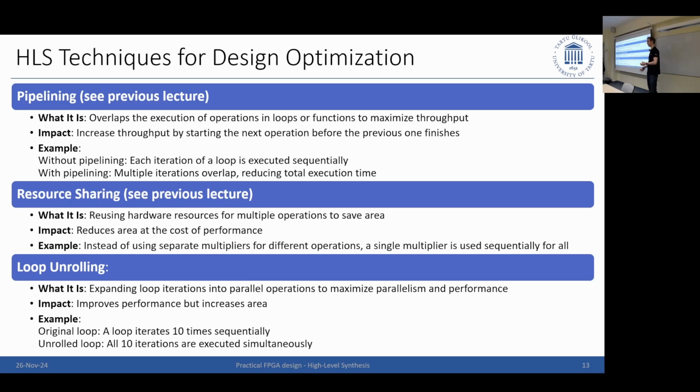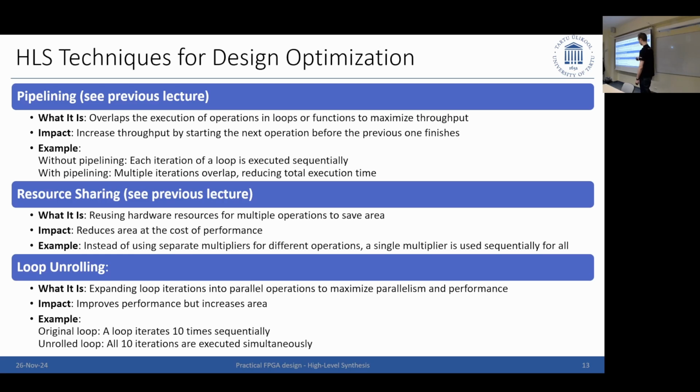But if you do resource sharing, you will always use the same multiplier. This can, of course, actually be very efficient if you do it wisely. You may not use your multiplier constantly in your design, and then if you time it right, you can just have an overlap and it's fine. But in most cases it will still lead to a performance loss, because you've got to be very, very careful and optimize very well to avoid this. This is nothing new.